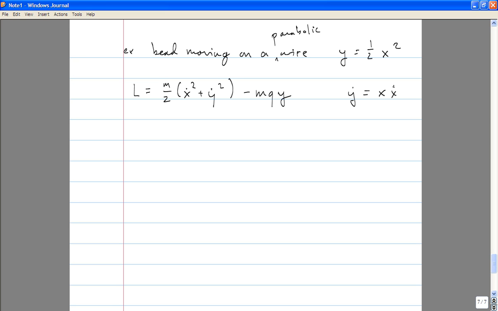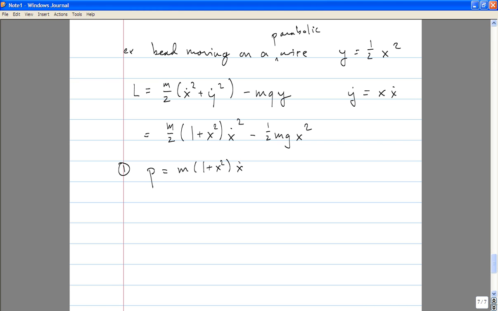Okay. So that means that the Lagrangian is m over 2 times (1 plus x squared) times x dot squared minus 1/2 mg x squared. Okay, so let's compute the Hamiltonian equation of motion. So the momentum p conjugate to x is the derivative of the Lagrangian with respect to x dot, which is m times (1 plus x squared) x dot.